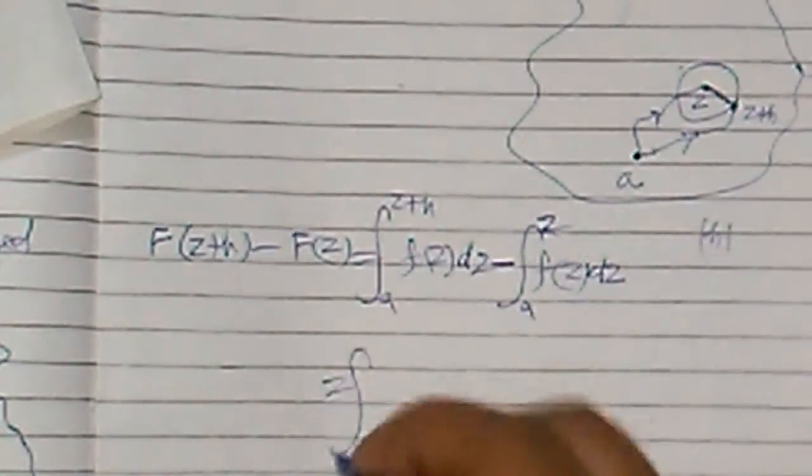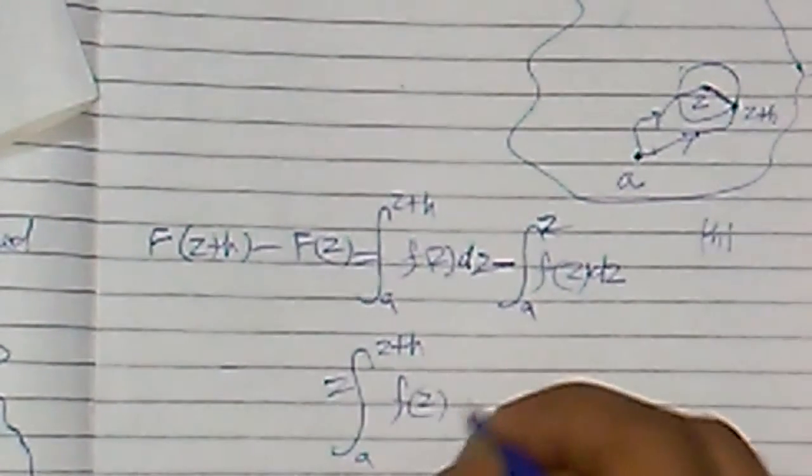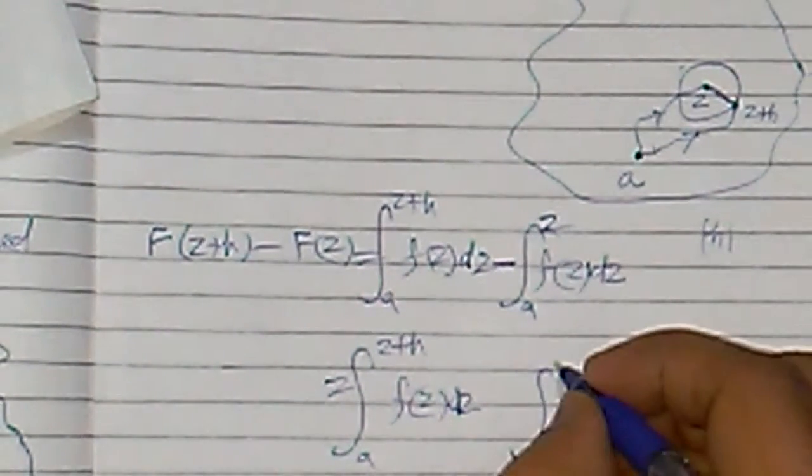Now we interchange the limits of the second integral, so we write the first as it is and interchange the lower and upper limit. But by this the sign of the integral is changed, so minus changes to plus.